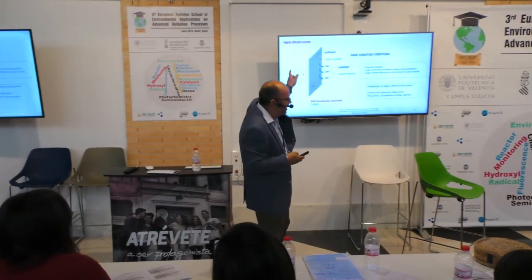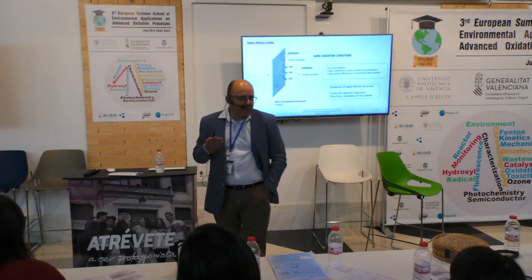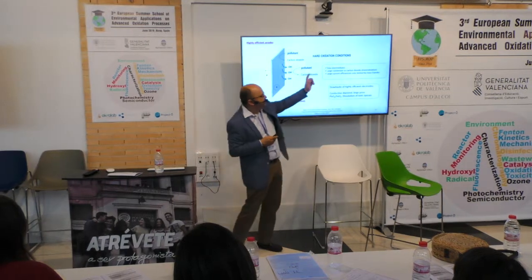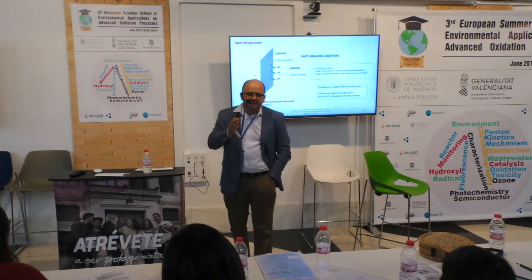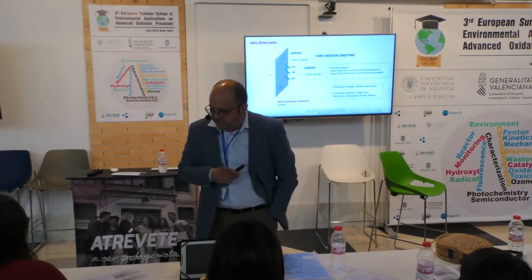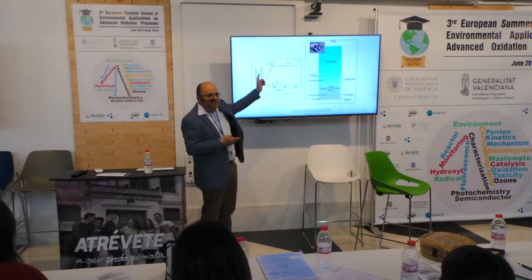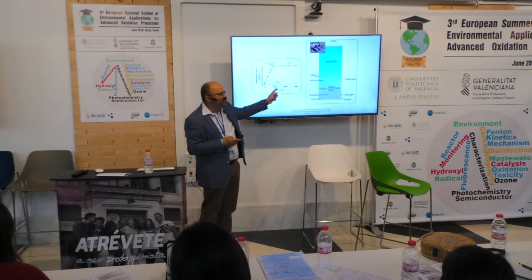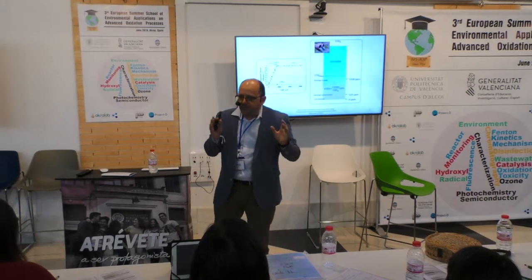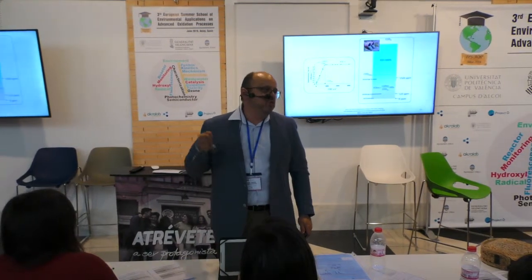And you can have highly efficient anodes, like the conductive diamond anodes or the lead dioxide anode, that almost directly produce the mineralization of the organic compounds contained in wastewater, okay? And that are very efficient. In fact, this graph is very beautiful because it shows you that if you treat wastewater with a very high COD, every electron that you pay is an electron that you are going to use to oxidize.